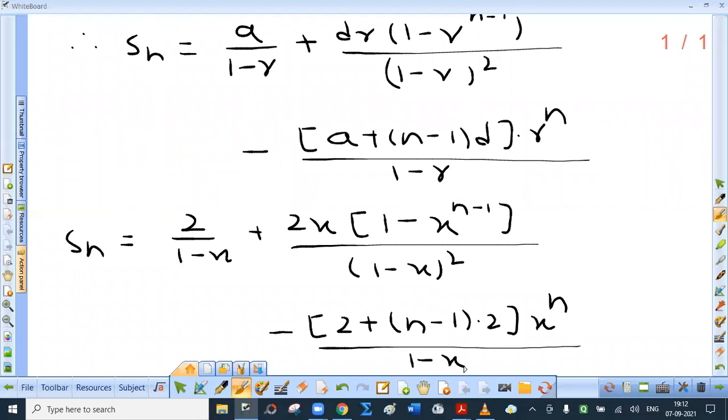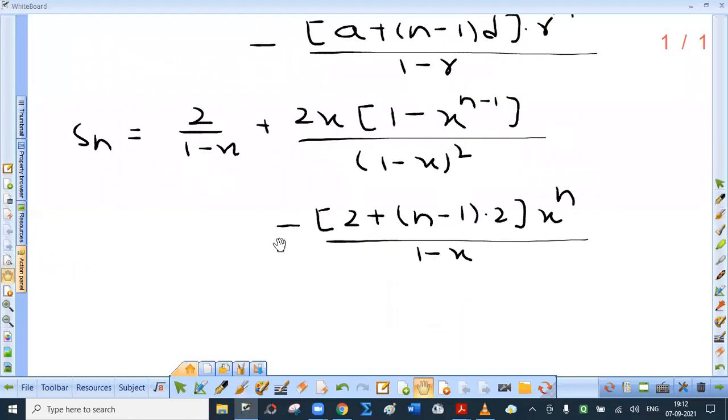You have to simplify this. So, Sn is 2 upon 1 minus x.